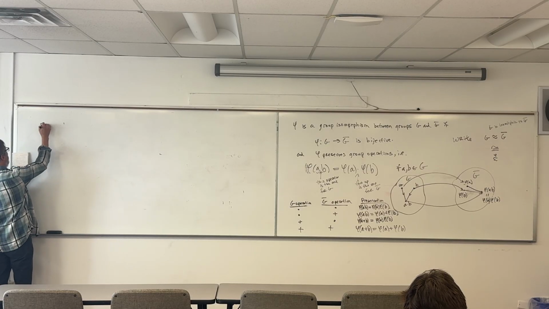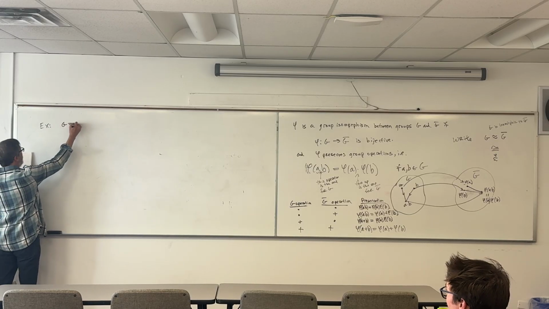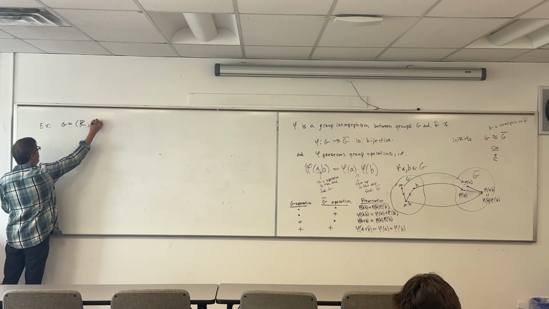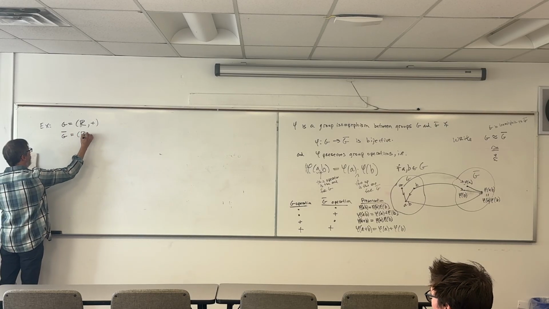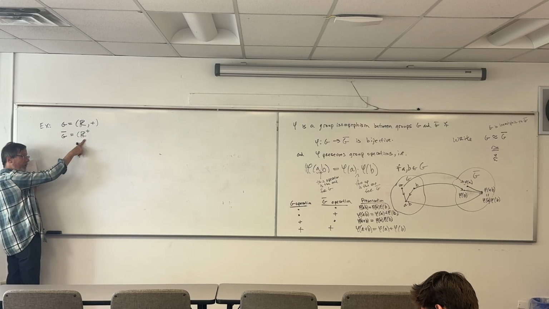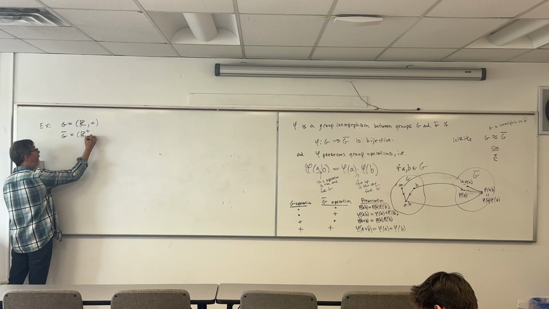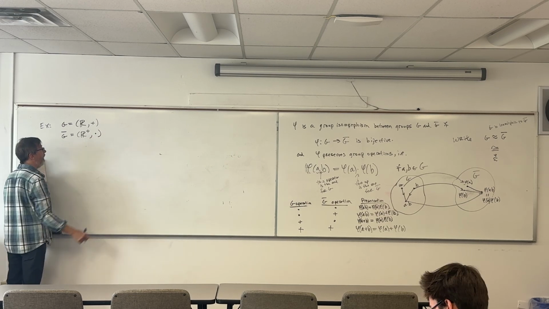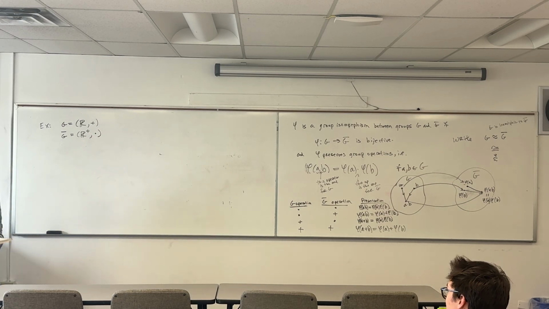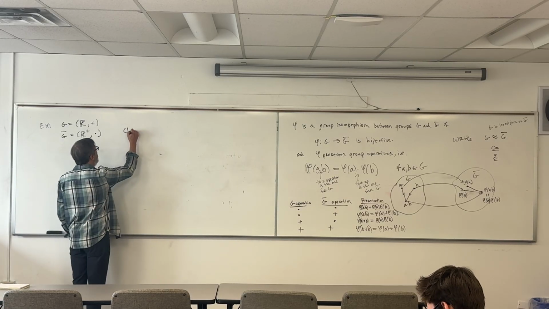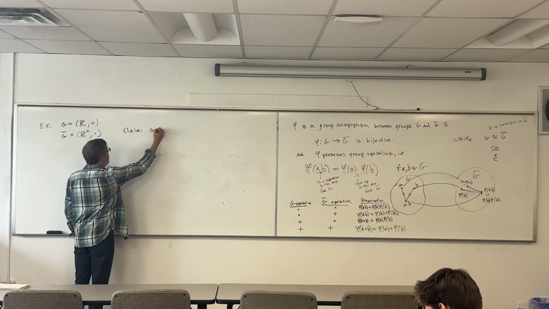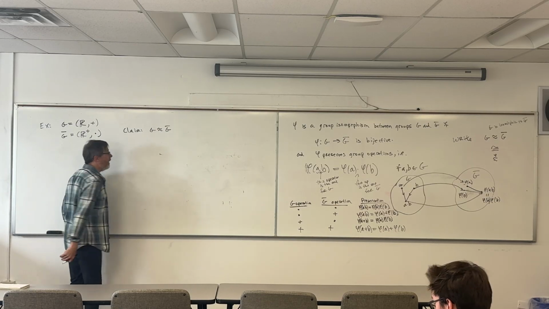Okie doke, so examples. Let's say G is the reals under addition, and G bar are the positive reals, that little plus sign means positive, under multiplication. So the claim here is that G is isomorphic to G bar.